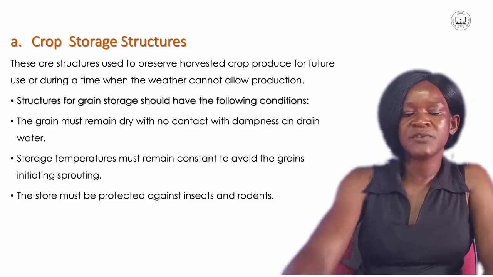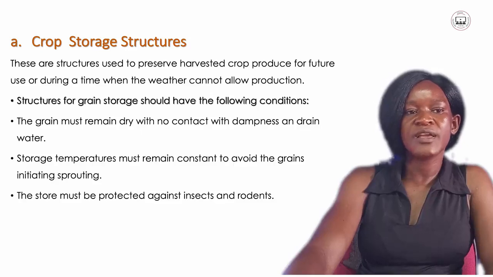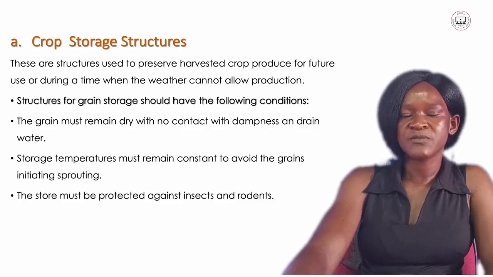The main reason is that if there are some insects which you harvested together with the grains, those insects should suffocate due to lack of oxygen. So that's why it is important that grain storage be airtight.